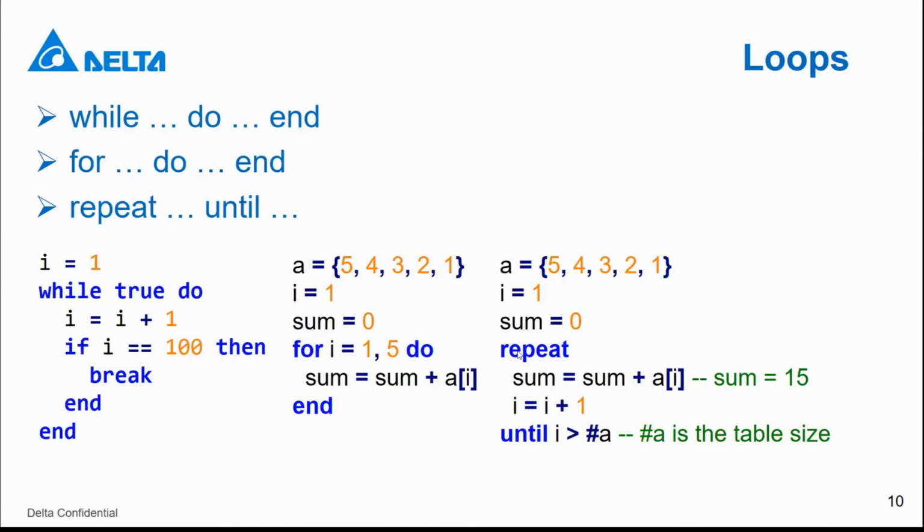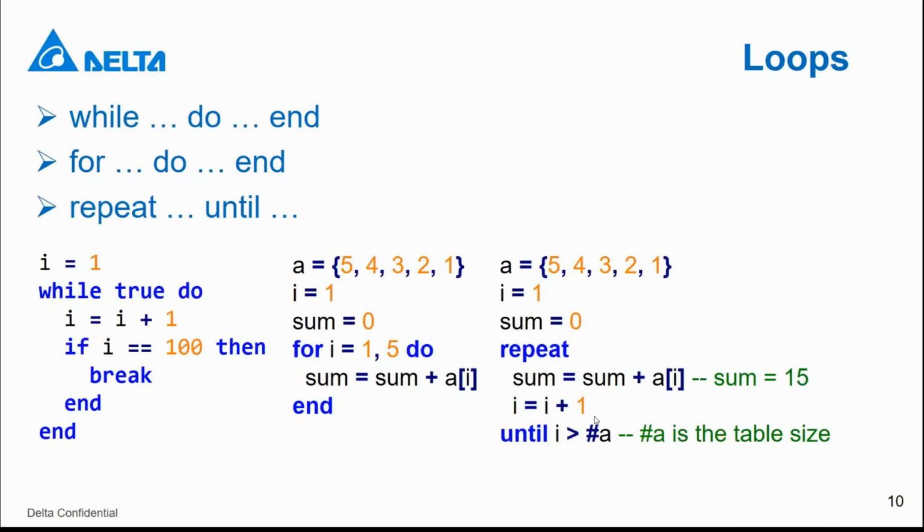The last one is repeat until. The difference with repeat until is that it will always run the statements once first before judging the condition. So for this repeat, it will add the sum and also add the index once and then judge the condition.